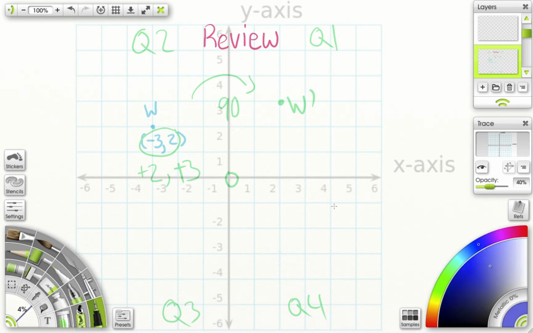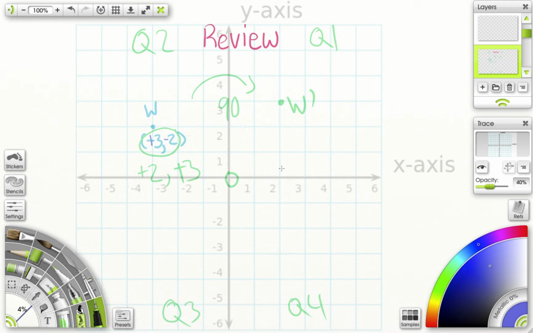For our 180 rotation, the numbers stay in the same position, so the original -3, +2 stays as 3 and 2. However, each becomes the opposite. So instead of -3, it's +3, and instead of +2, it's -2. They just become their opposite integer, whatever that is.